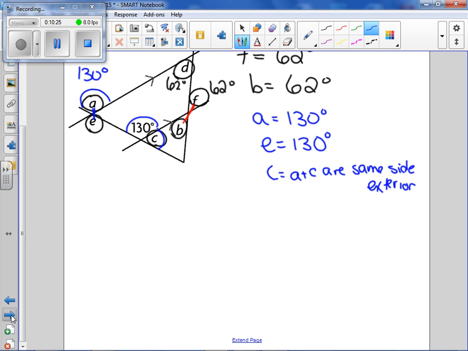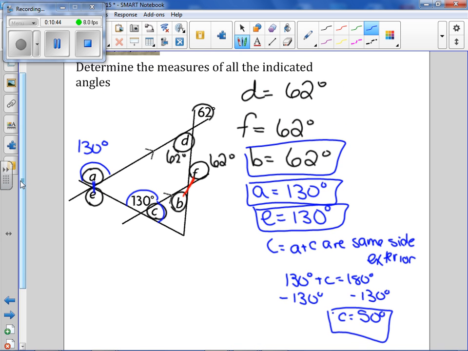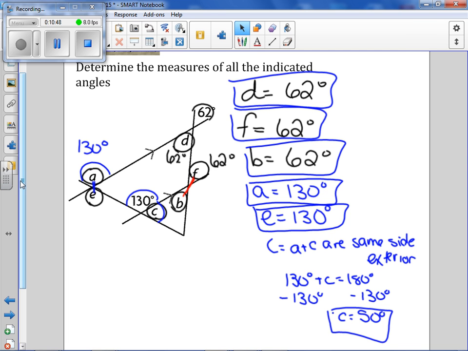So that means that A, which is 130, plus C should equal 180. And again, if I subtract the 130 off, I get C being 50 degrees. Again, there are more than one way to get to all of those answers. However, whichever way you go about it, you should get the same answer that I do.